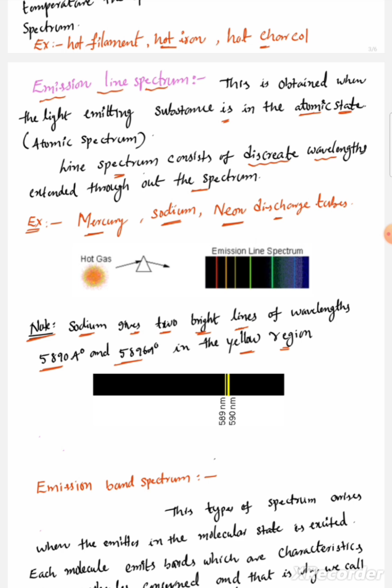In nanometers, we can write 5890 and 5896 as approximately 590 nanometers. Here we discussed angstroms, while the diagram is given in nanometers. Two bright lines are observed in the yellow region when we take sodium. This is the line spectrum of sodium.